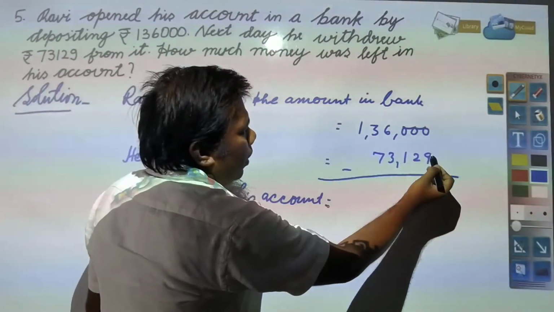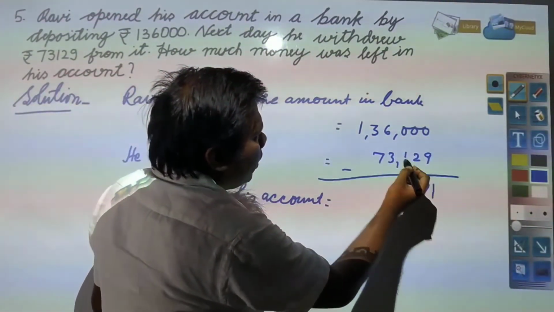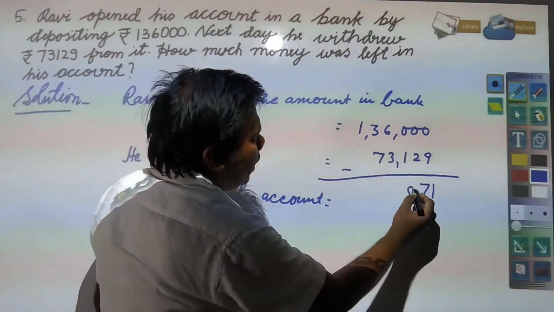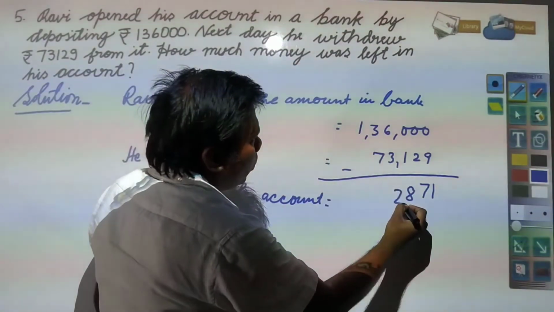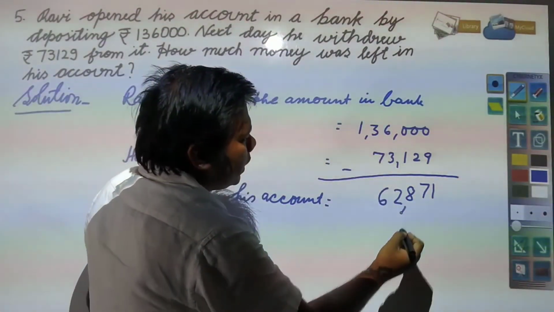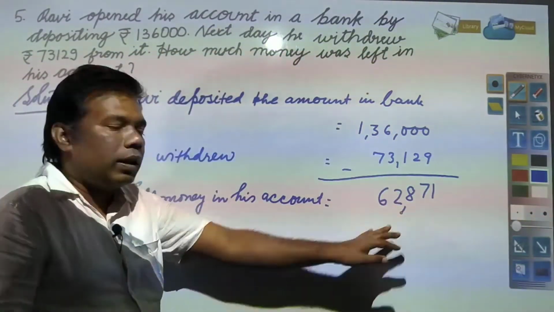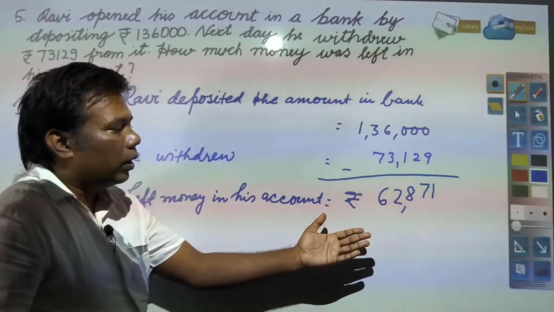It means 10 minus 9, 1, 9 minus 2, 7, 9 minus 1, 8, 5 you have remaining, 5 minus 3, 2, 13 minus 7 is equal to 6, means 62,871. This much money he has now in the account remaining.